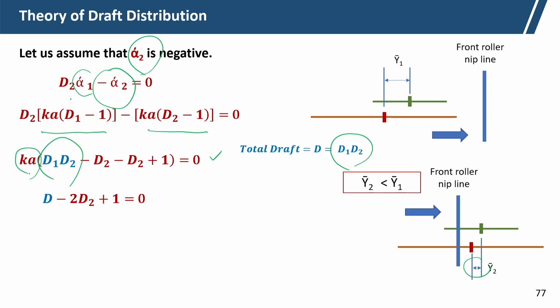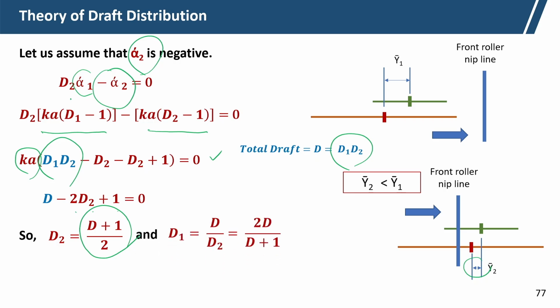This cannot be constant 0. So, d minus 2 d2 plus 1 equals 0, where d2 is (d plus 1) by 2. So, we set the draft in this fashion to get minimum irregularity. With d2 known, d1 we can set in this way.